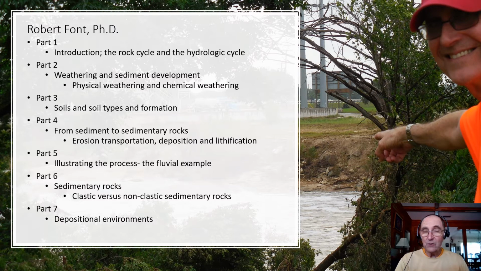Part 5 is an illustration of the process discussed in Part 4, but I'm specifically using the fluvial example, rivers and streams. Part 6 is a discussion of sedimentary rocks per se, both the clastic sedimentary rocks and the non-clastic sedimentary rocks. And part 7 talks about the different environments of deposition and the different sediments and sediment types that you find associated with these environments.